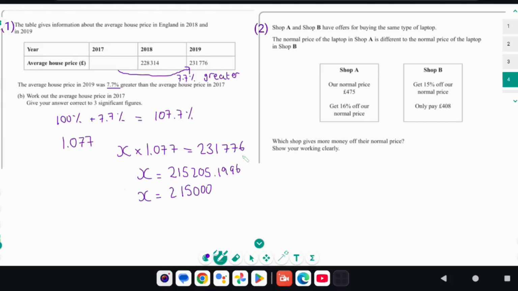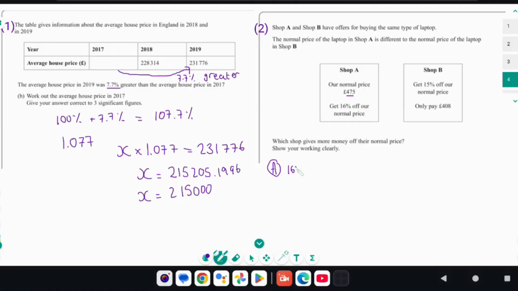Question 2. Shop A and Shop B have offers for buying the same type of laptop. The normal price of the laptop in Shop A is different to the normal price of the laptop in Shop B. Which shop gives more money off their normal price? Okay, Shop A. The normal price is £475, 16% off the normal price.